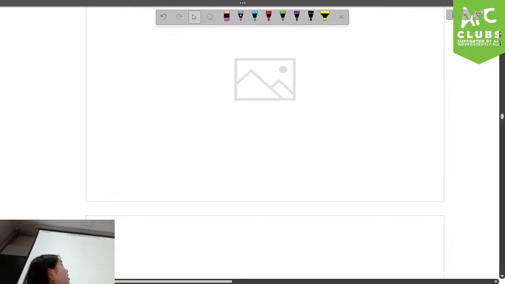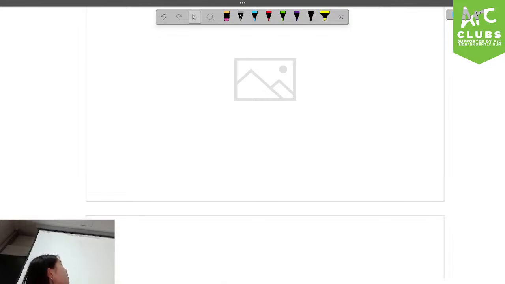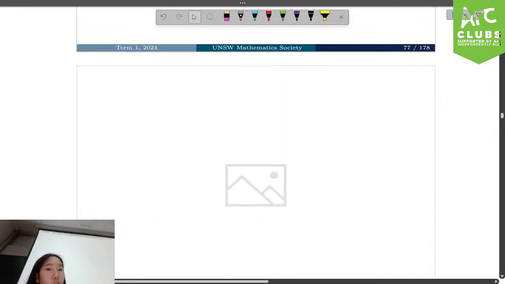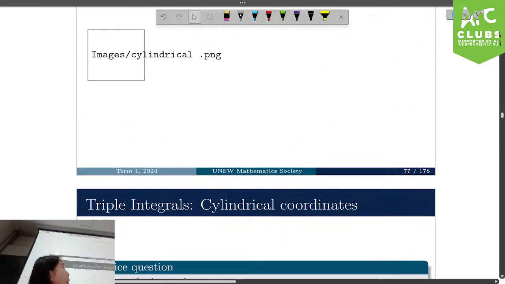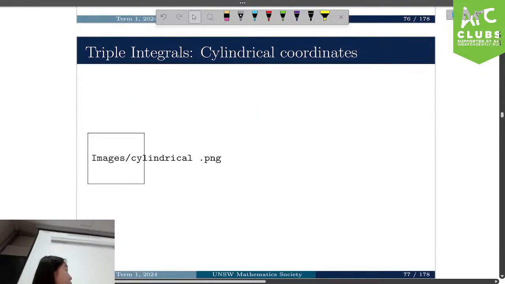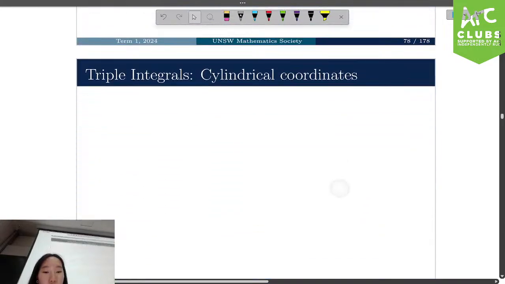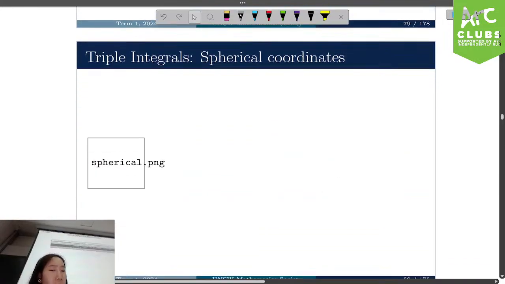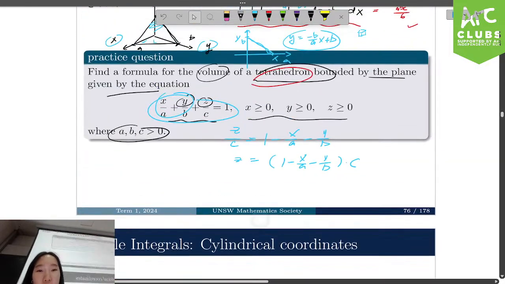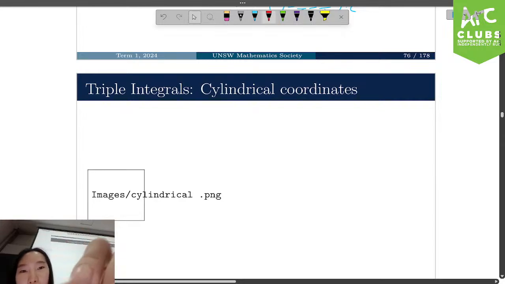Just wait for a bit. Okay, cool. The picture is not working here, but we can draw the picture.